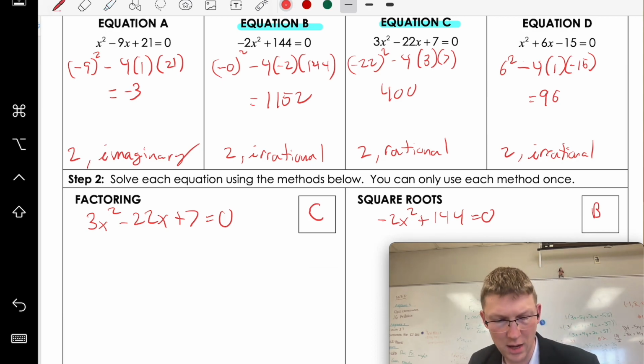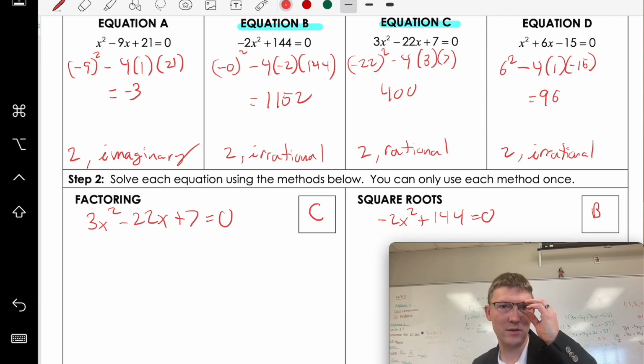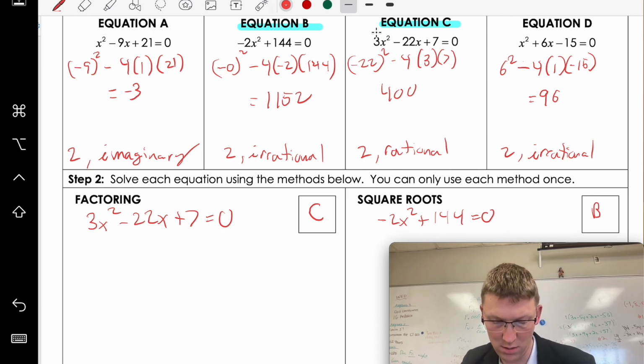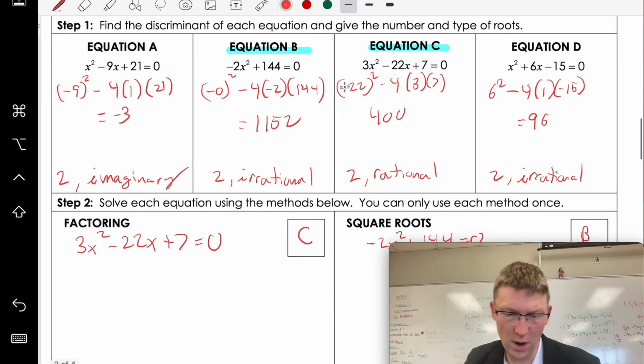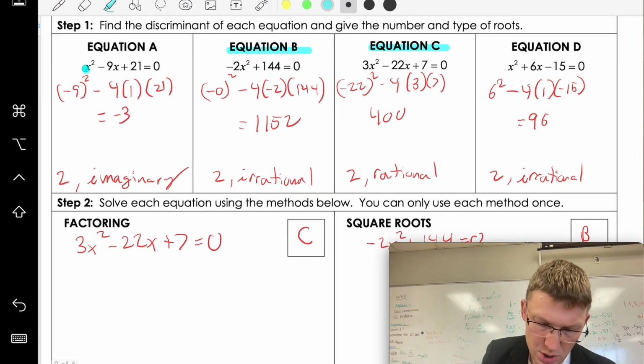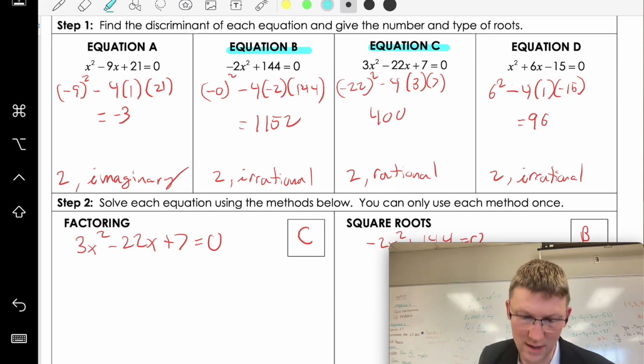So now I'm looking at equation A and equation D. So my first thing is, okay, if I'm going to complete the square, which that's down here, I, number 1, don't want any numbers in front of there. Okay, well, neither one of them has it, so I'm good there.